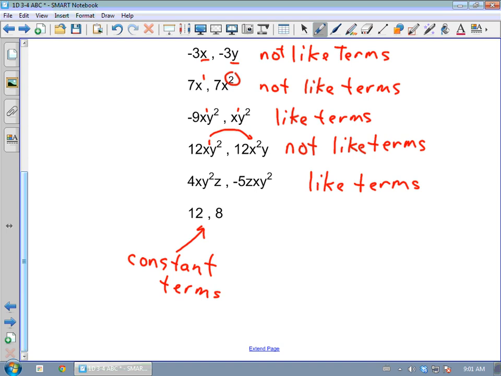So they both don't have a variable. So do you think these are going to be like terms or not like terms? What do you think, Chris? It's actually the opposite. They are going to be like terms. Okay? Having no variable is the same as having the same variable. Okay? So whenever you see constant terms, all constant terms are like terms.